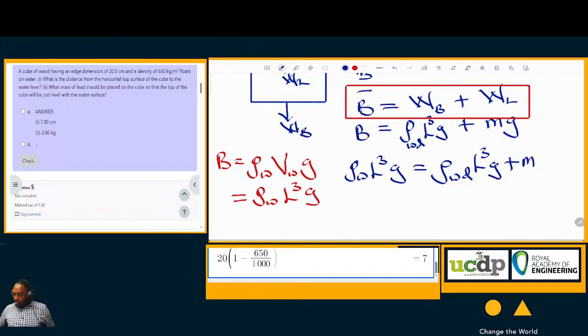And then you collect like terms and find your value for the mass. I'll leave you to work that out.